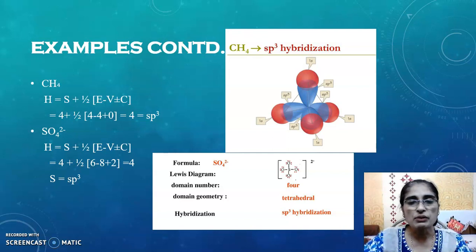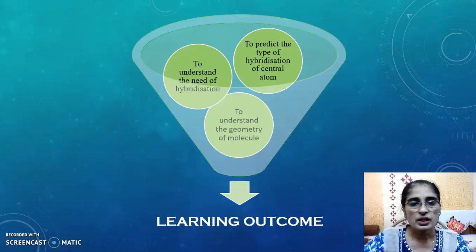Carbon is surrounded by 4 hydrogen atoms, so we write S is equal to 4, E, the number of valence electrons, is 4, and we will find that the hybrid state of the central atom will be sp3. In the same way, we can calculate for many ions and molecules.